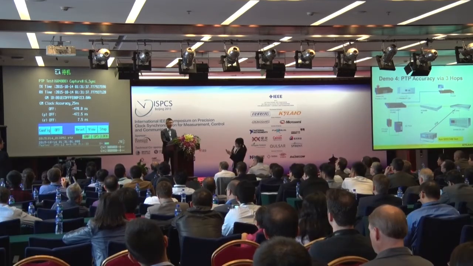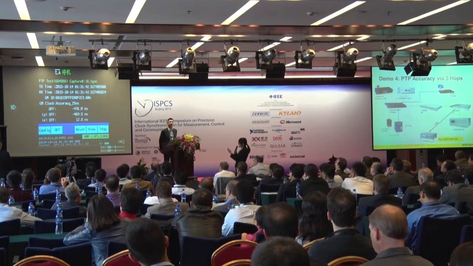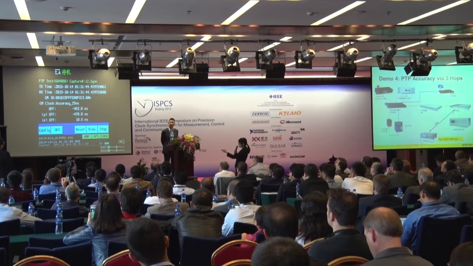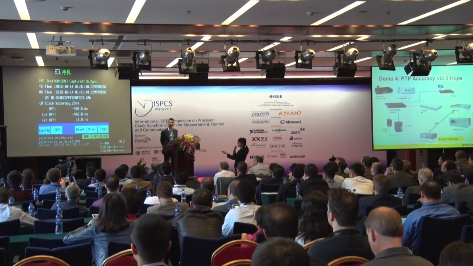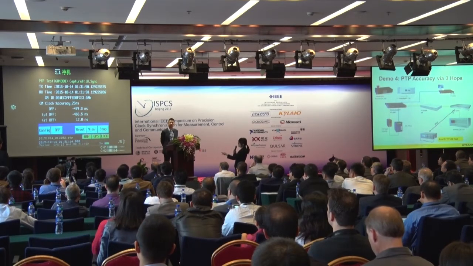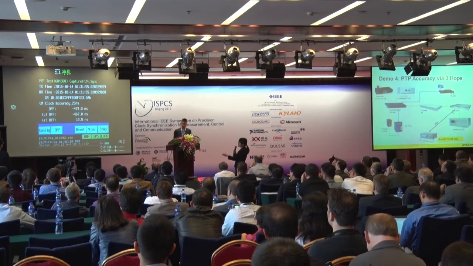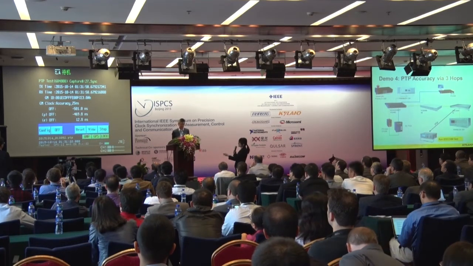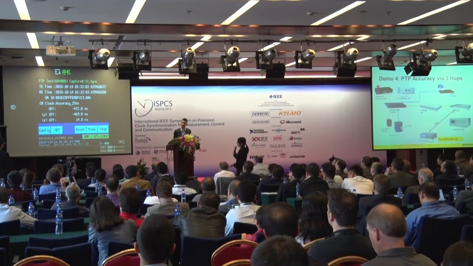Okay, this one you can tell is a bigger one, but you can still tell that the mean value is quite stable, with a very small deviation, which means the performance is quite stable here with the variation.